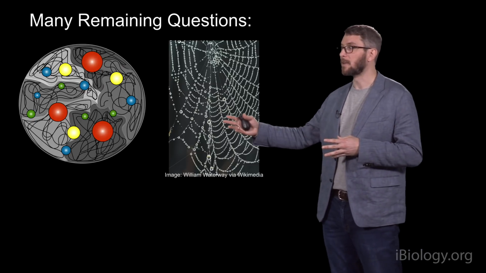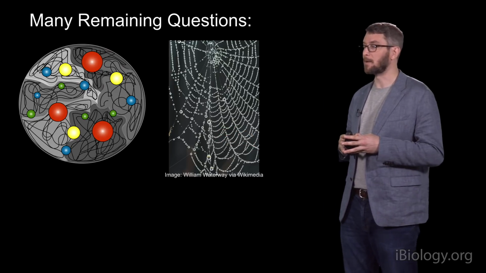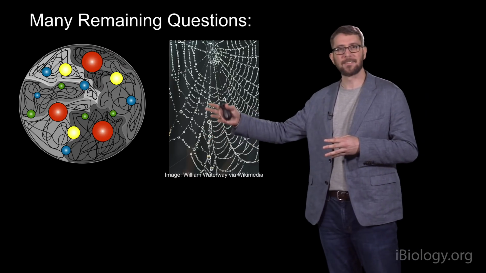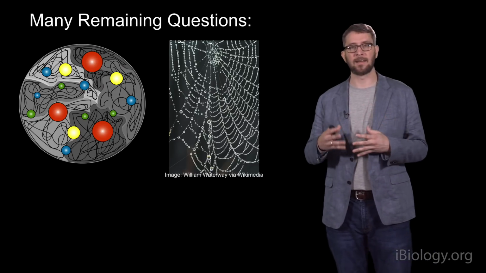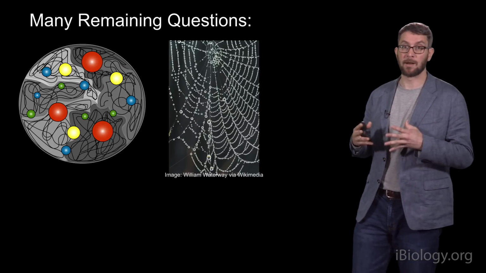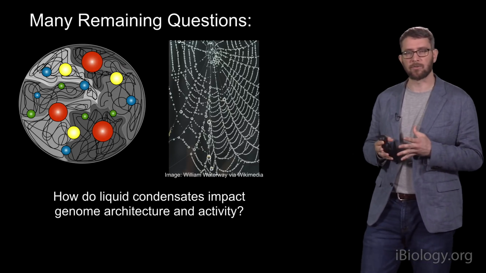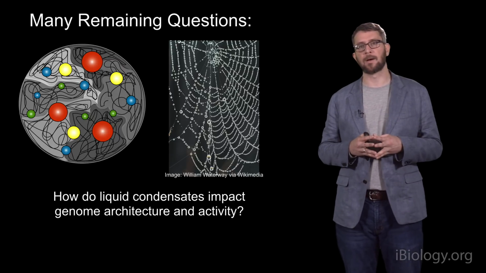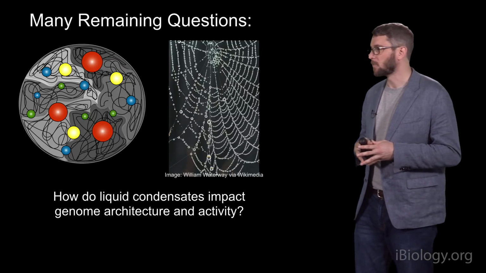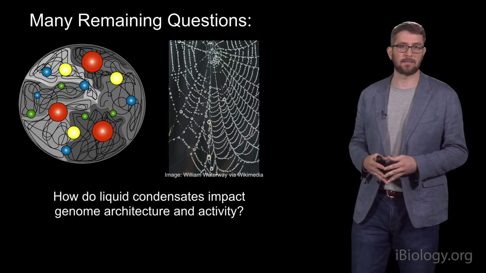We can think about these condensates as something like the condensation of water on this spider web that can deform the spider web and actually restructure it in some way. And those are the kinds of questions that we're starting to address, and there's a lot of excitement in this field in thinking about these ideas moving forward. So how do liquid condensates impact genome architecture and activity?